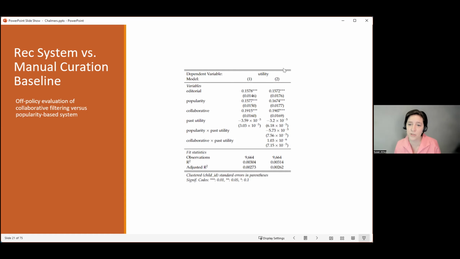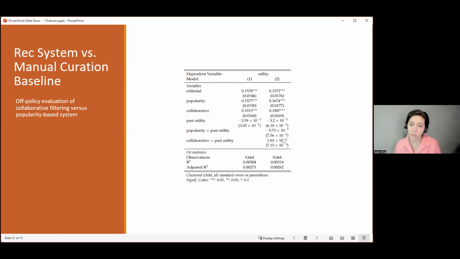Here, the simplest one to understand, we're just running a regression where we control for the user's past utility and their past utility in consuming different types of stories. That's a way to adjust for the fact that different users are seeing different types of stories. In this regression-based approach, we see that the collaborative is better than popularity.